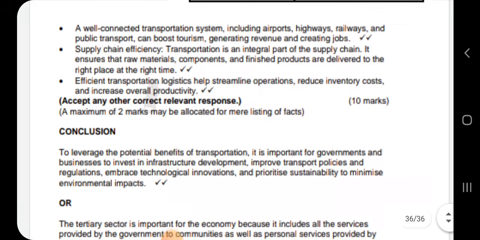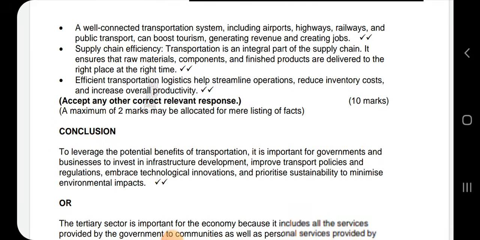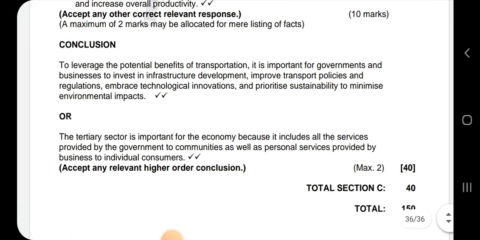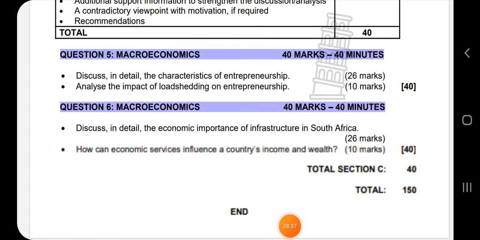And then there is the conclusion. They've given you two conclusions, but you're not limited to these ones. These are other essay type questions. In business studies we have 4, and in economics we got 3 essay questions.